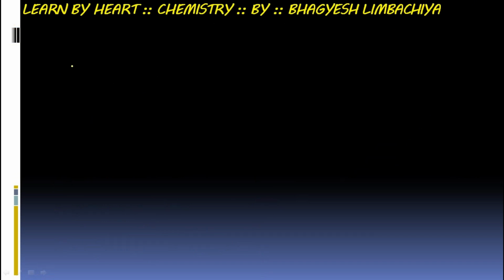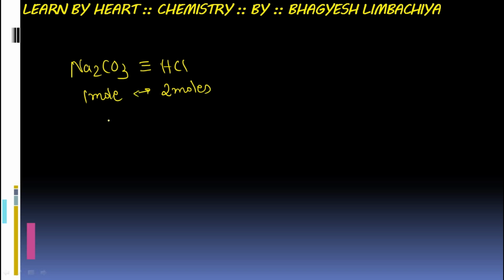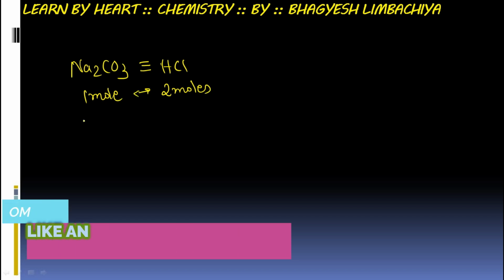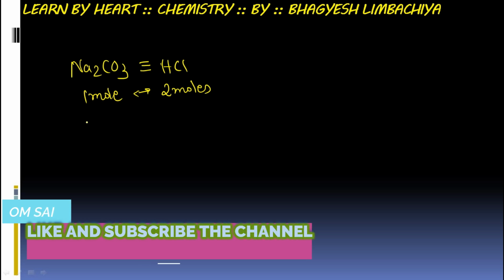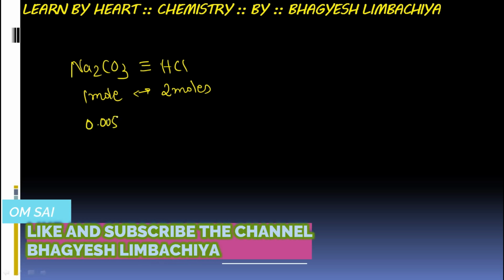Now the stoichiometric relation of Na2CO3 with HCl, it is 1 mole and 2 moles based on chemical reaction. And here 0.0053 mole. Then how many moles of HCl are required?